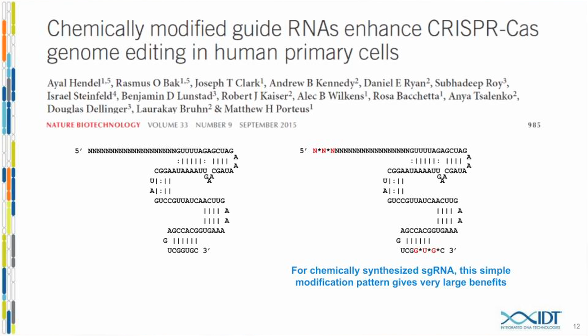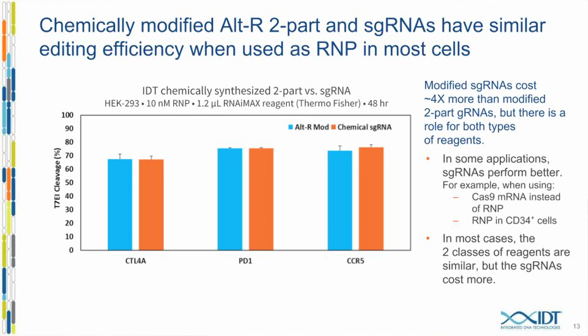So again, the sgRNA is where the artificial part is, where you've joined the CR with the tracer, and you've got the 20 bases of the target-specific sequence. And if you just simply end modify these, you get almost all the benefit that you need for most applications. Now, when are those applications that you actually need it?